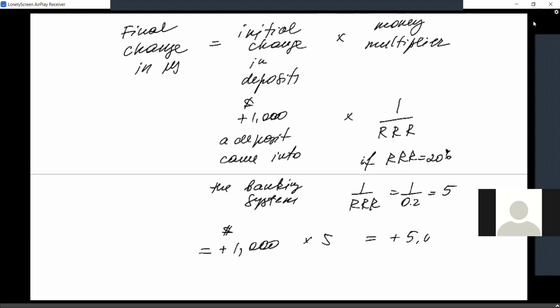We will see an increase of $5,000 in money supply when a deposit of $1,000 comes in and the required reserve ratio is 20%. Okay. An increase in money supply of $5,000 will result from a deposit of $1,000 and the required reserve ratio of 20%. Okay. Any questions?